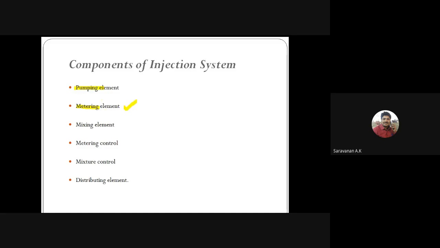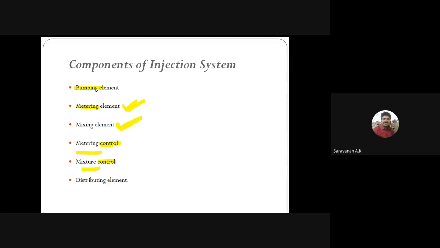The mixing element is the atomization, the process of mixing the air and the fuel particles. And we have metering control. We have to control these two: the amount of fuel entering the cylinder and the air-fuel ratio.